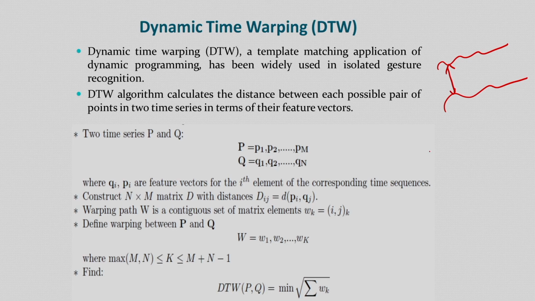Suppose I write A like this or B like this, for all these we have the gesture trajectories, and for recognition, for classification, we have to match the input trajectory, that is the test trajectory, with the template trajectory. One algorithm is very popular, that is the DTW, the dynamic time warping algorithm. It is a template matching algorithm.